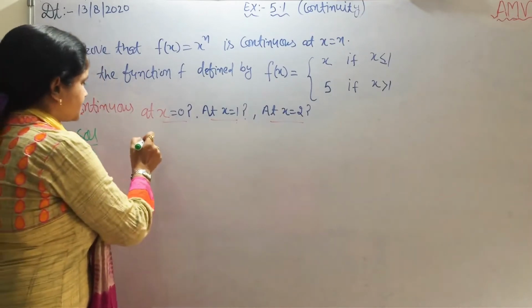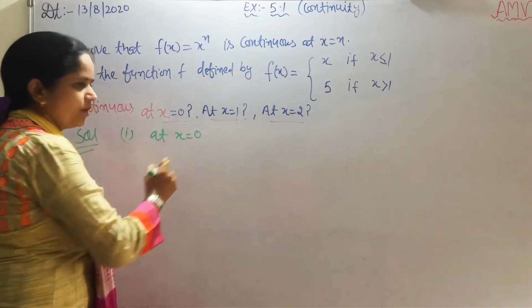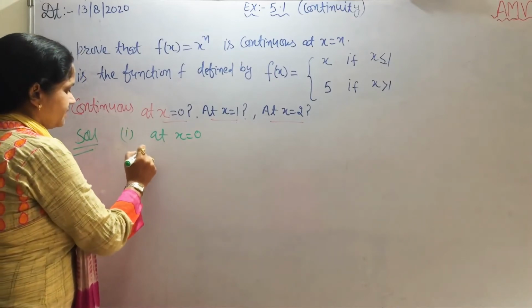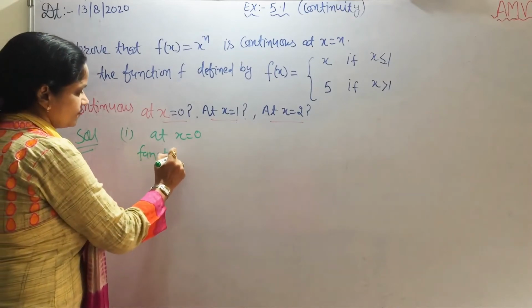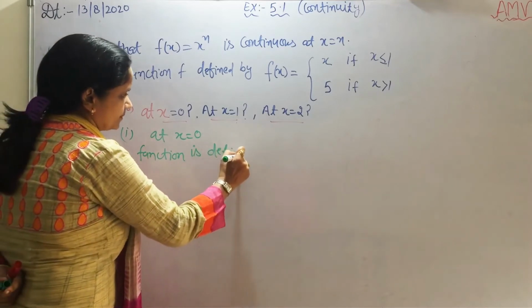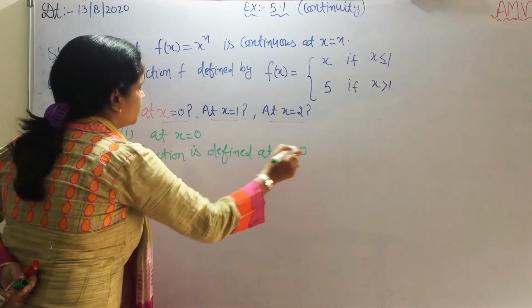Okay, first for x is equal to 0. First of all you have to write the function is defined at x is equal to 0.